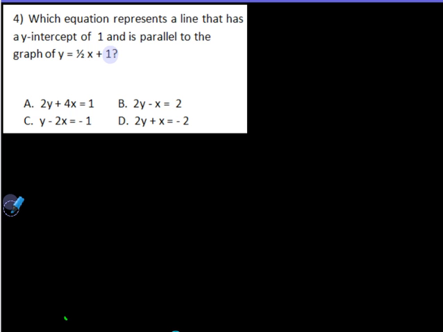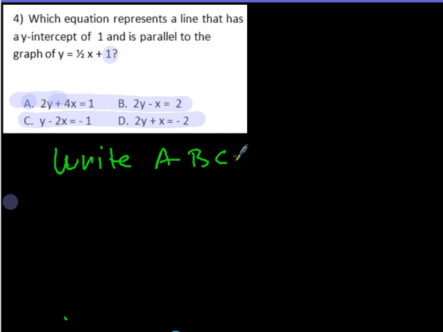The problem is, none of these equations are in slope-intercept form. So you can do one of two things. You can write A, B, C, and D in slope-intercept form and compare. And obviously stop when you get the right one.